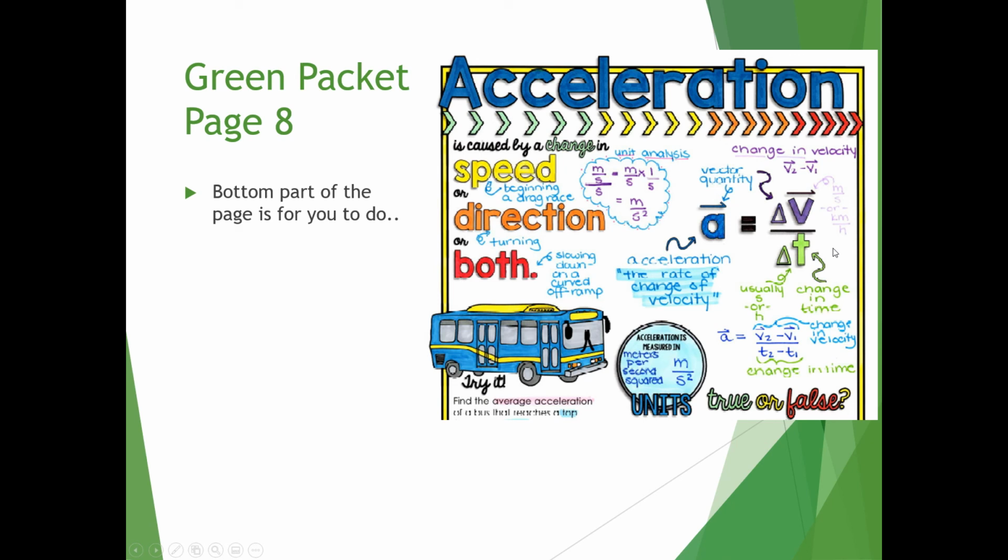And you can have that with anything. You can have it in cooking and baking and driving and moving. So a rate of change is when something changes with respect to time. Acceleration units measured in meters per second squared is very common and easily used.